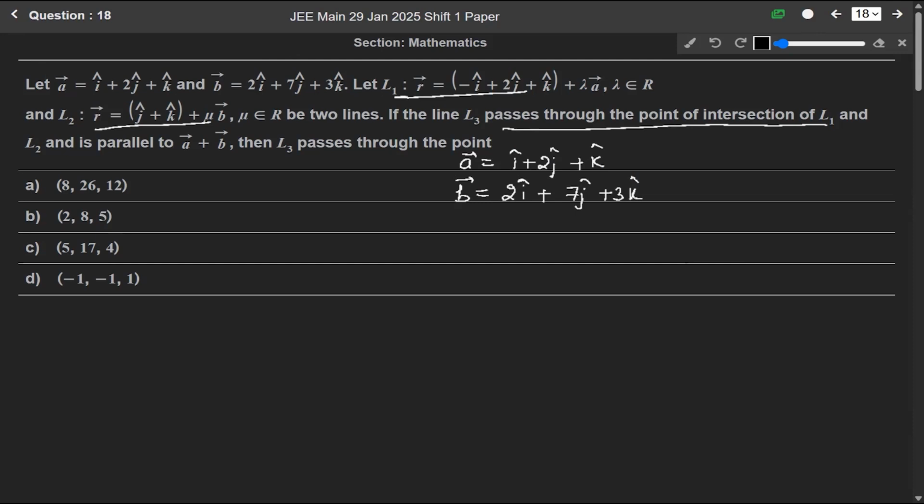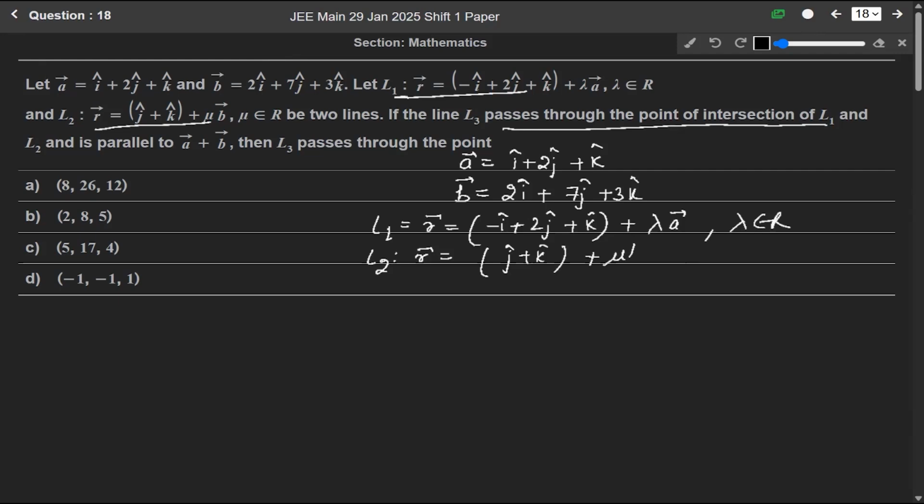And line L1 is given as minus i cap plus 2j cap plus k cap plus lambda a cap, where lambda belongs to I. And line L2 is given as j cap plus k cap plus mu b cap, where mu belongs to R.